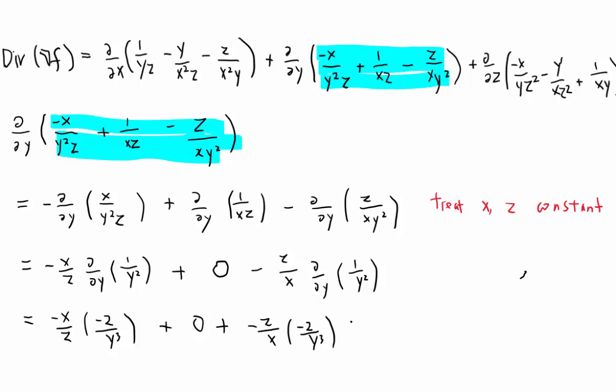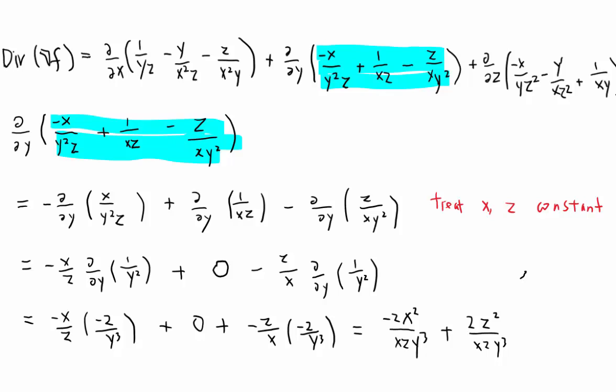Then we find the common factor, which is xzy cubed. The numerator becomes 2x squared for the first term, and for the second term, ignoring the 0, the numerator becomes 2z squared.